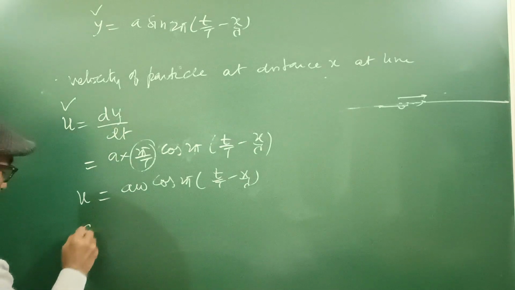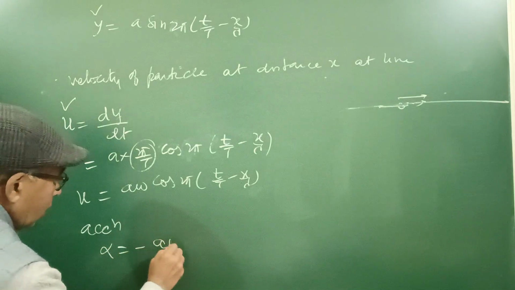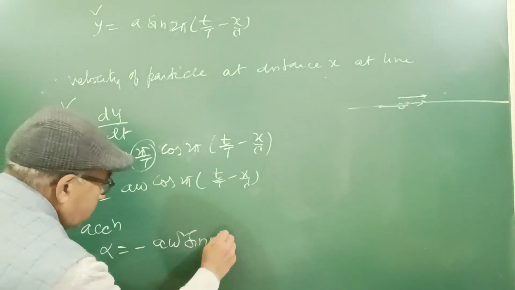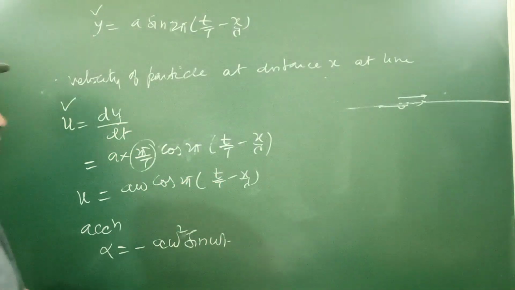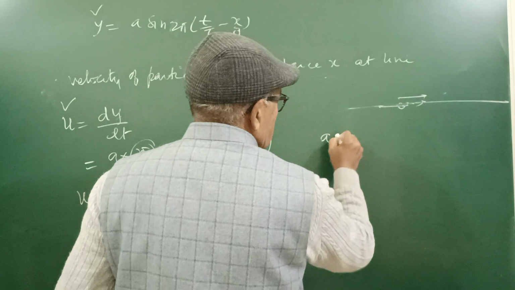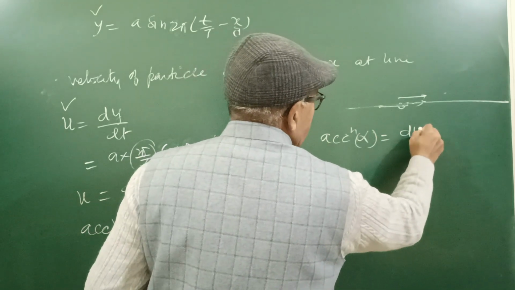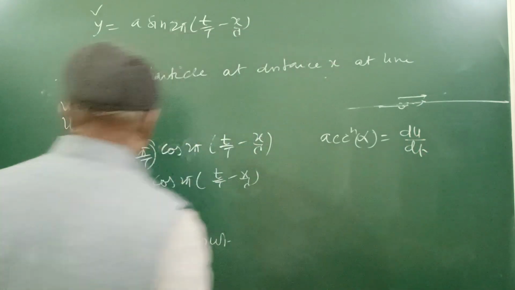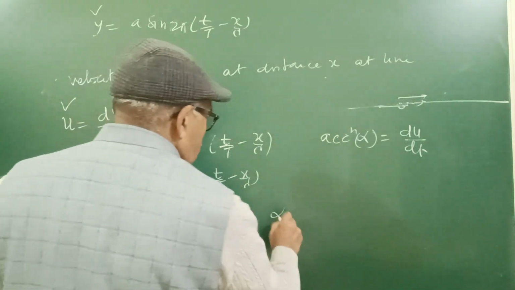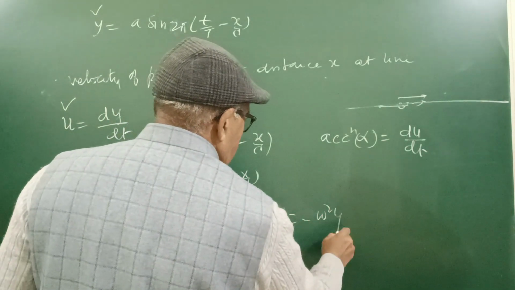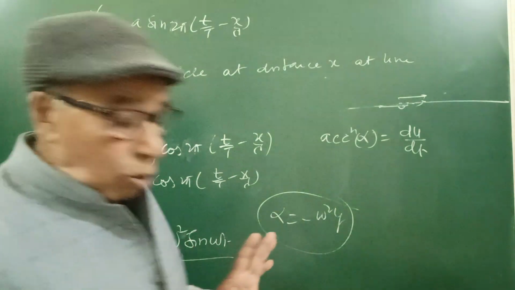So acceleration of particle alpha is equal to minus a omega squared sin omega t. Acceleration alpha equal to du over dt. If we differentiate this equation again, we get alpha equal to minus omega squared y. Wave traveling periodically.